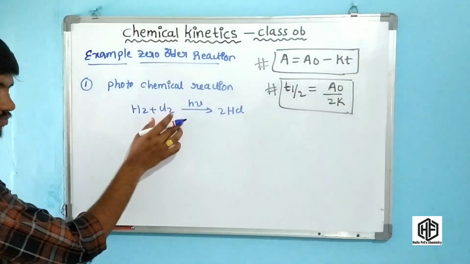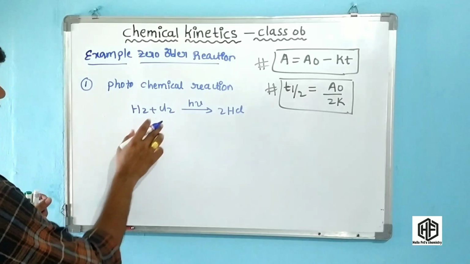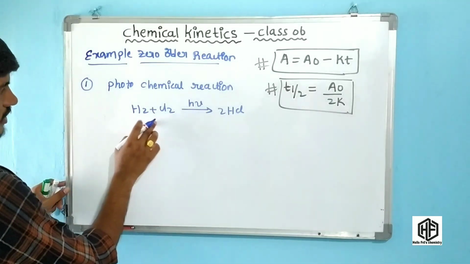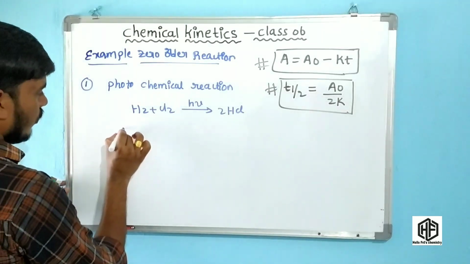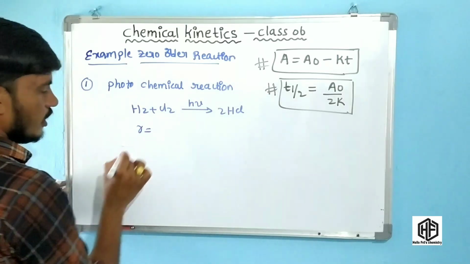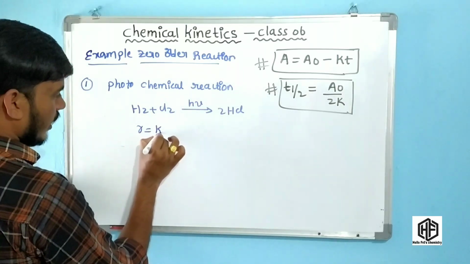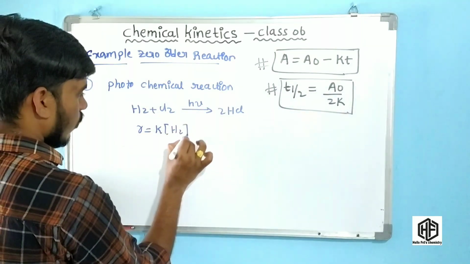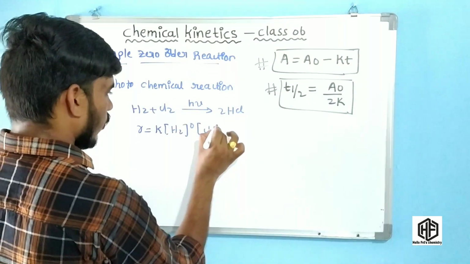Friends, in this reaction, the rate of reaction is represented as R. R is equal to k into H2 power 0 and Cl2 power 0.